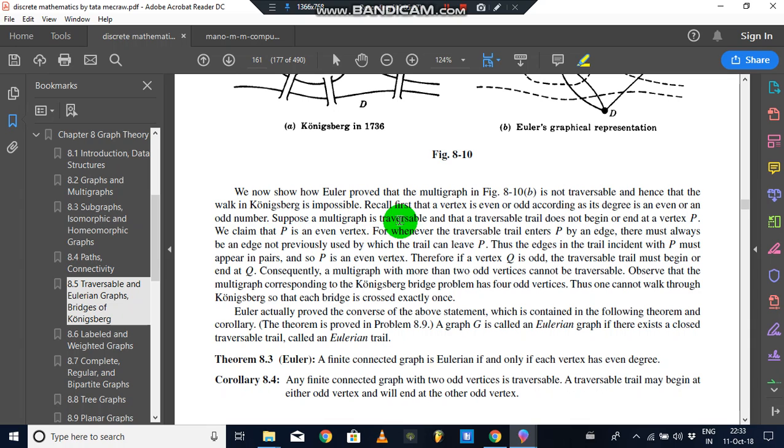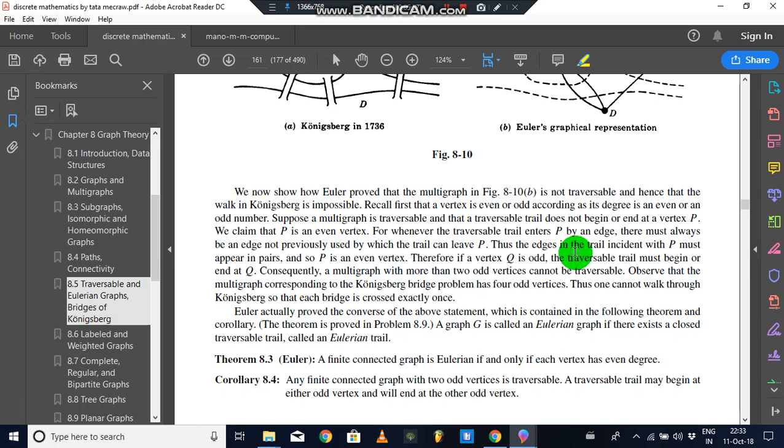Suppose the multigraph is traversable and that a traversable trail does not begin or end at the vertex P. Suppose P is an even vertex. Whenever the traversable trail enters P by an edge, there must always be an edge not previously used by which the trail can leave P. Are you understanding? Are you getting my point?